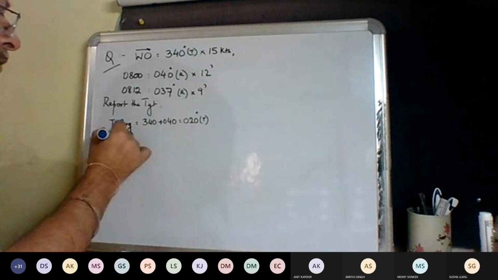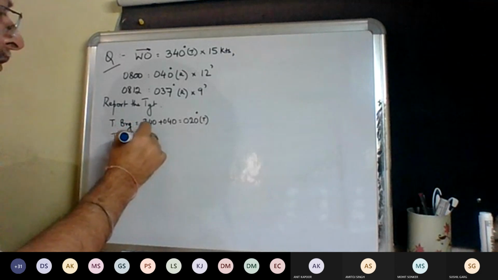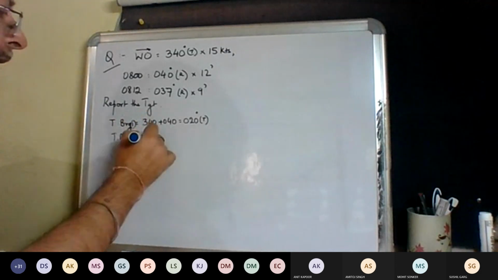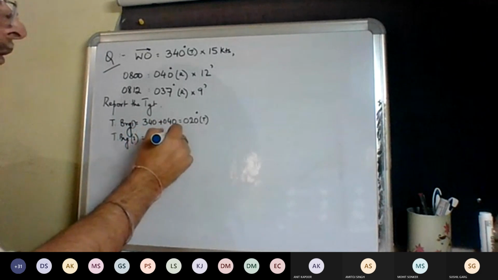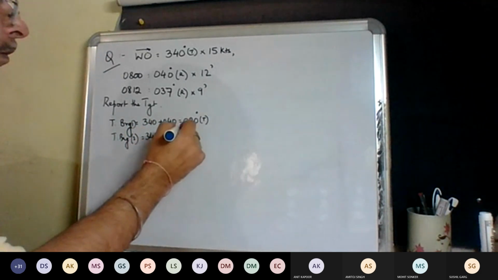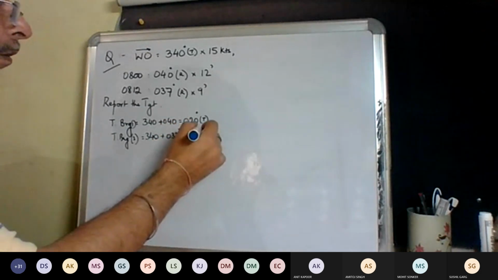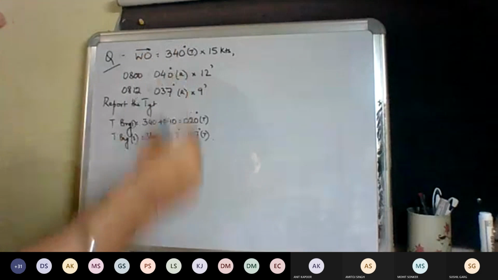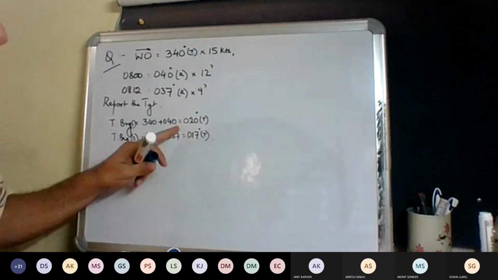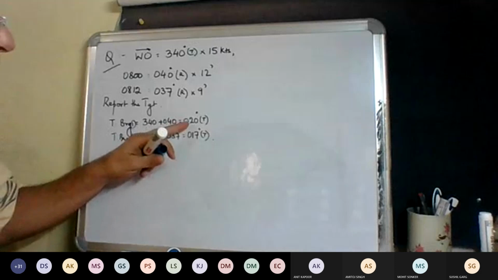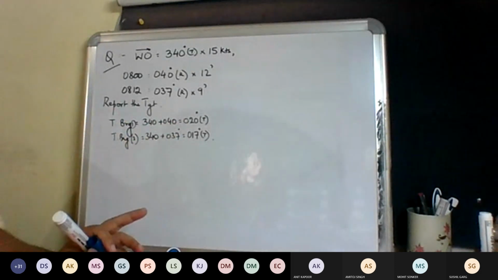Similarly, the second true bearing, this was the first true bearing, second true bearing will be... So my true bearings, two of them are 020 and 017, and this is what I will be plotting.